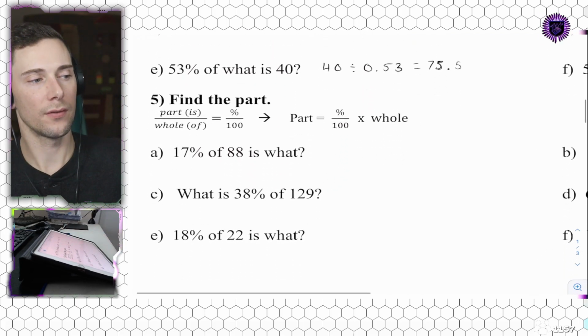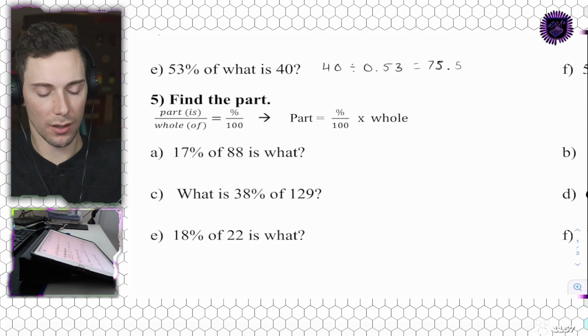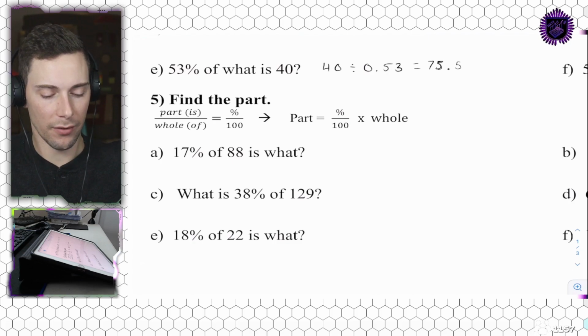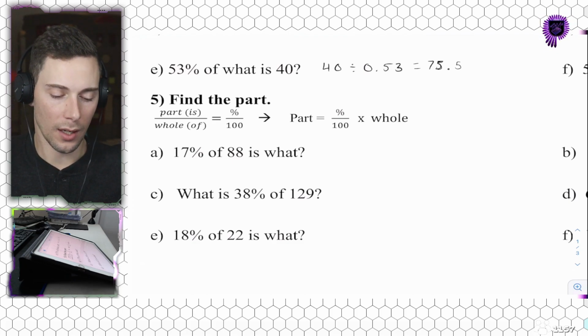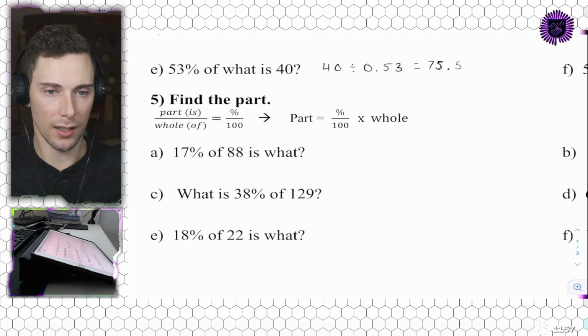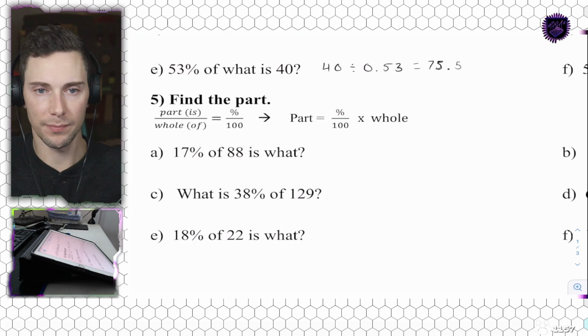Last 6 questions here. Last chunk. 17% of 88 is what? So now they're giving you the whole, and they want you to find the part. And now this is going to be multiplication.